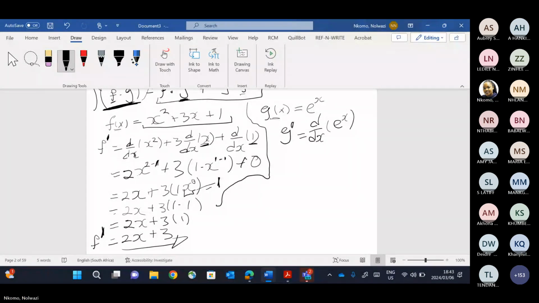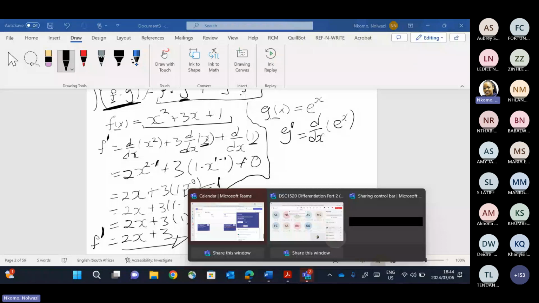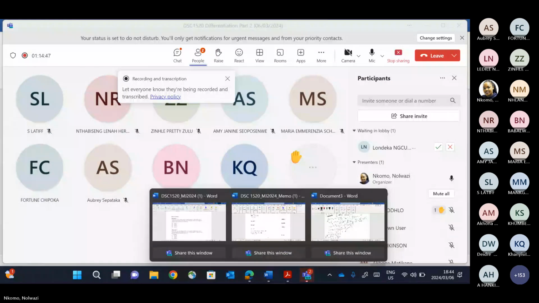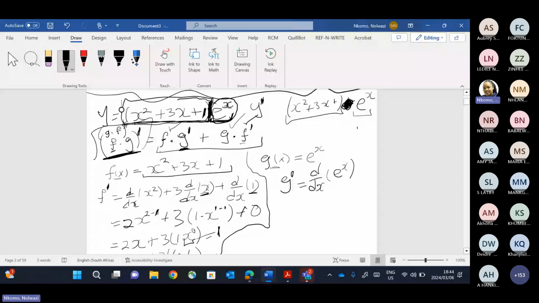Do we need to worry about trigonometry? Because when I was doing some examples, especially the g function, it was combined with something like e to the power x times sine x.